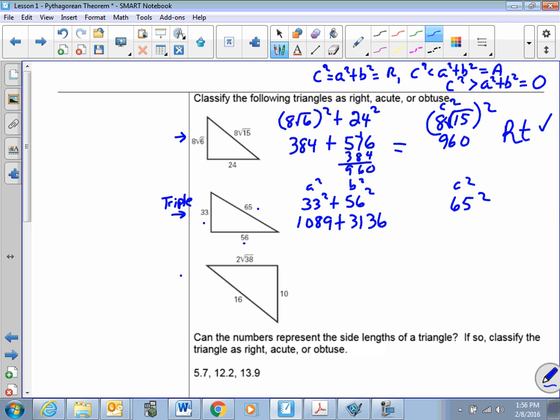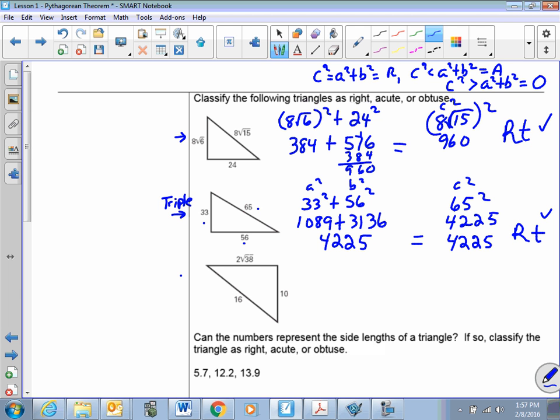And c squared is 4225. So let's see. If I add these two together, I get 4225. So again, I got another right triangle.